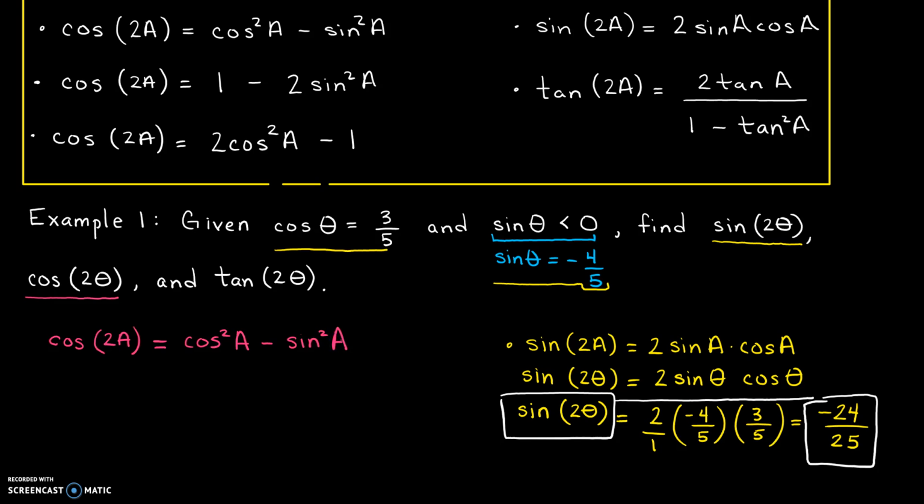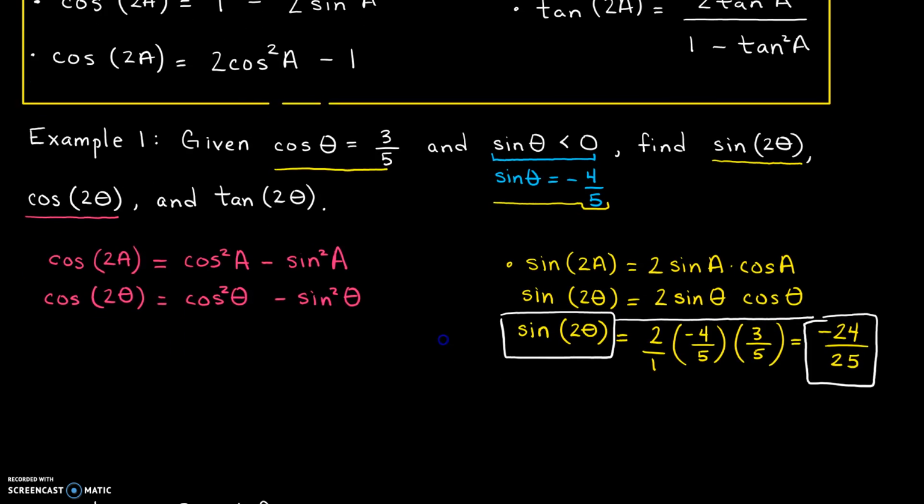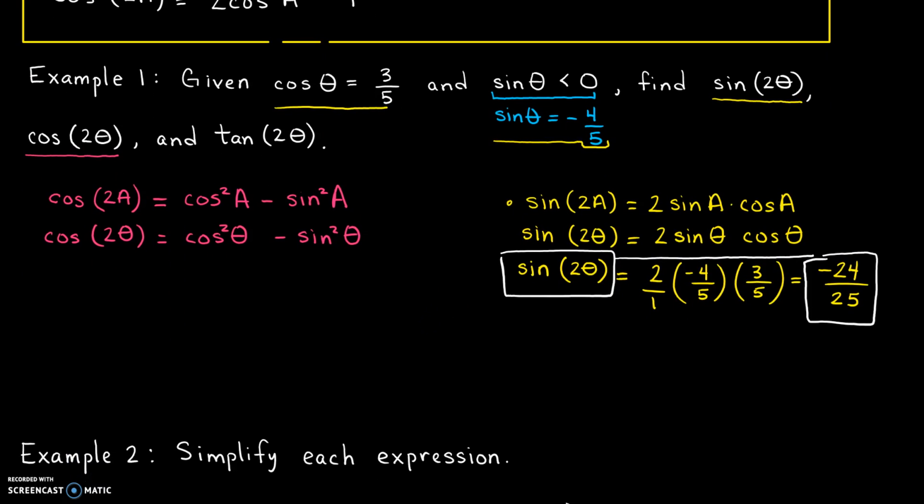And I'm just going to go ahead and substitute theta. So we're going to have cosine of 2 theta. Well, that's just going to be cosine squared of theta minus sine squared of theta. And again, all I'm going to do now is just substitute what cosine of theta is into this equation, and as well as sine.